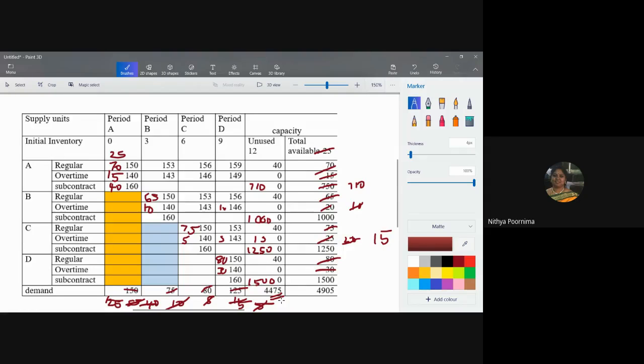Shall we do one more problem? Have you all copied this? Boys, are you taking it down? Yes, ma'am. Just a minute. Okay, take it down.